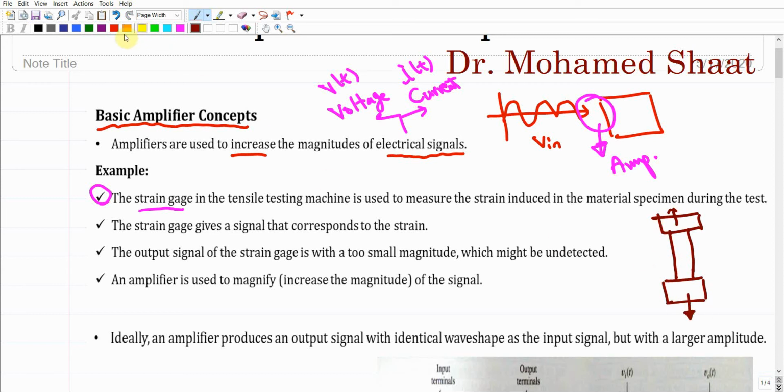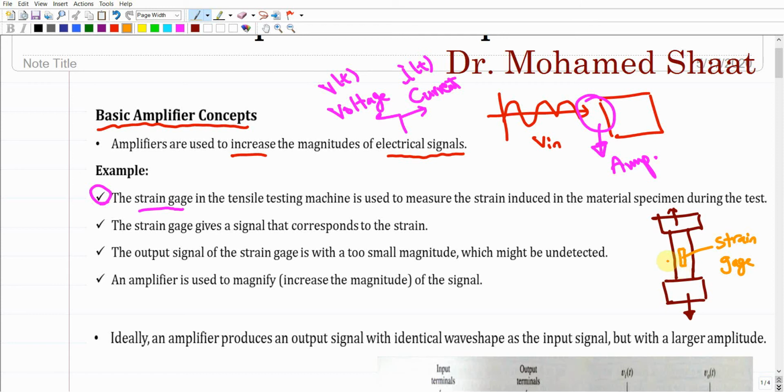So what we do, we fix here in the middle a strain gauge. So this is the strain gauge. The strain gauge is a sensor that measures the stretch in this material sample. But basically the amount of stretch over this small portion of the sample is very small.